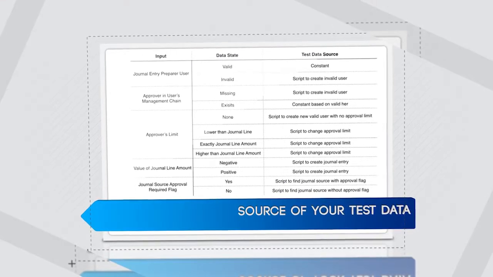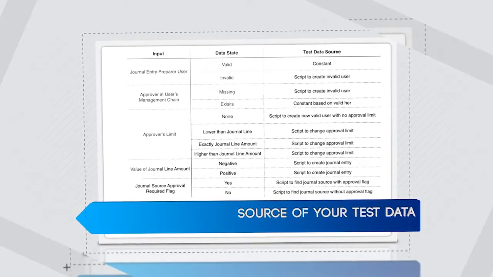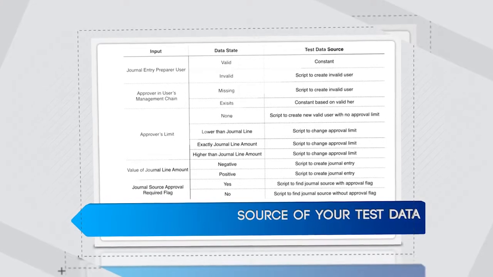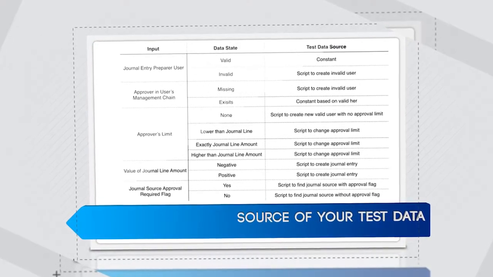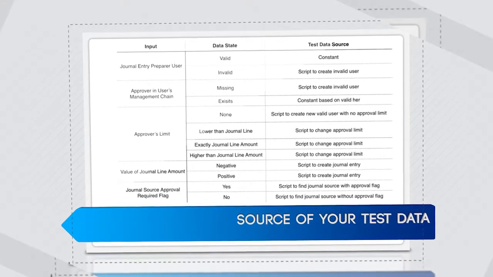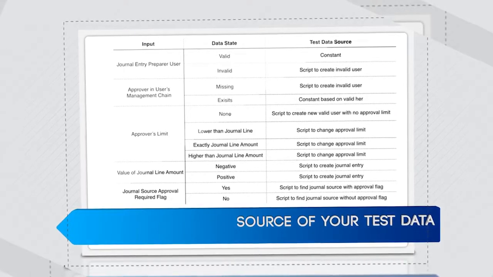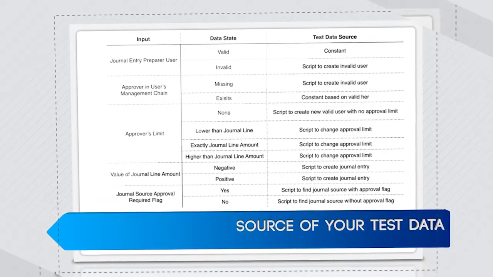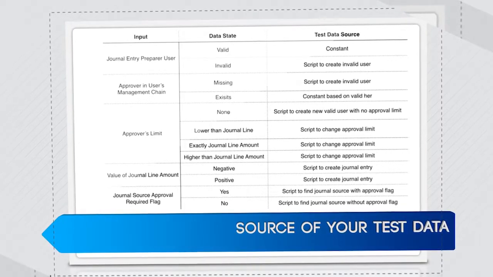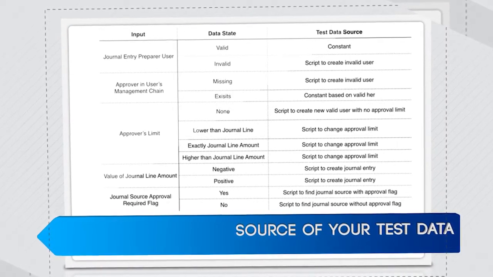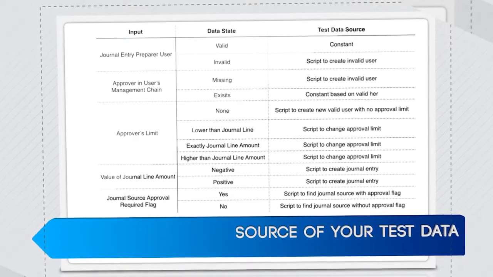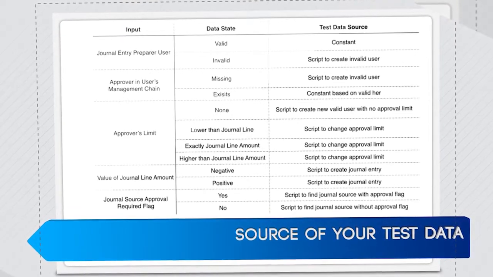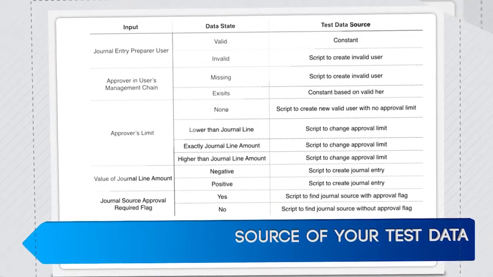What data are we looking for in a user record or employee record that would make that invalid? Now, the data that we find that we're looking for in the system can either be developed by us or created by us on the fly as we're testing. We can go in and create a new user and make sure it's exactly the way we want it, and then use that in our test.